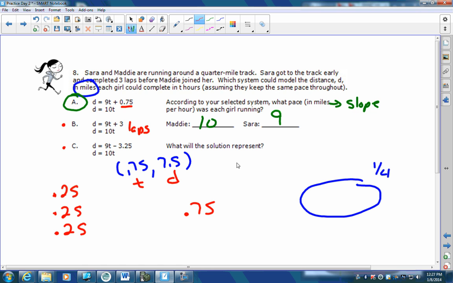So it says in 0.75 hours, what's 0.75 of an hour? It's 3/4 of an hour. What's 3/4 of an hour? 45 minutes. So in 45 minutes, they have both run 7.5 miles. That's what our solution is saying.